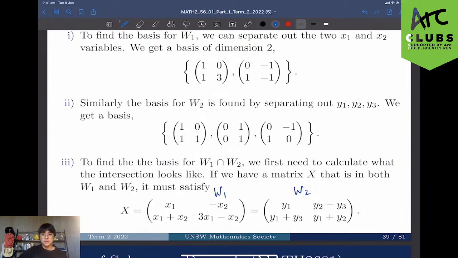So we're looking for a matrix where it can agree with both of these. And the way we're going to solve for a matrix that looks like that is to equate each entry with each other.